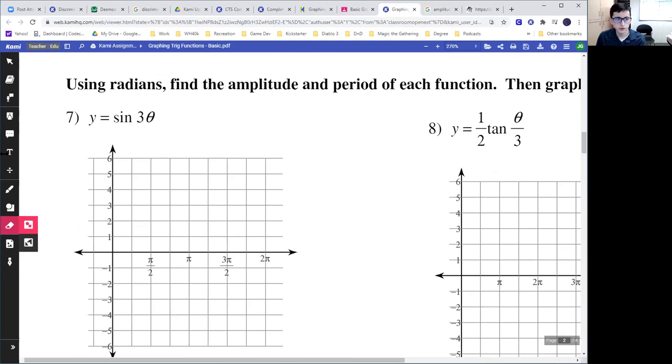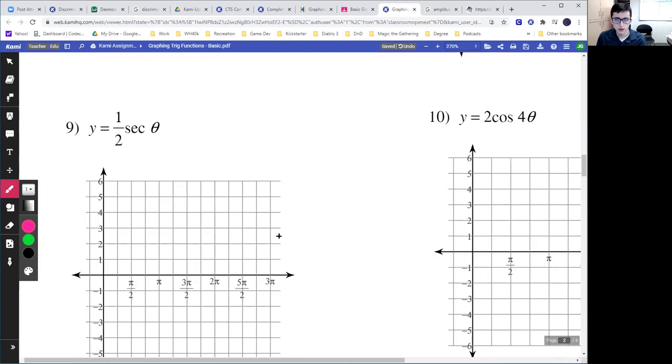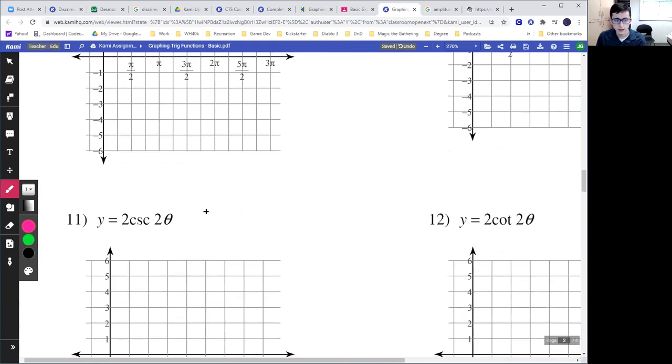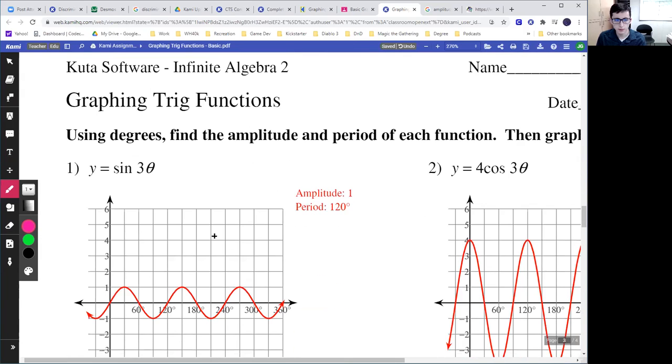Also on question 7, it says using radians, so you might have to go back to math 2 to remember all about radians. Again, only worry about the sine and the cosine ones. We'll get to these other ones later. If you want to look at the answer key, it's posted as well. It's page 3 and 4.